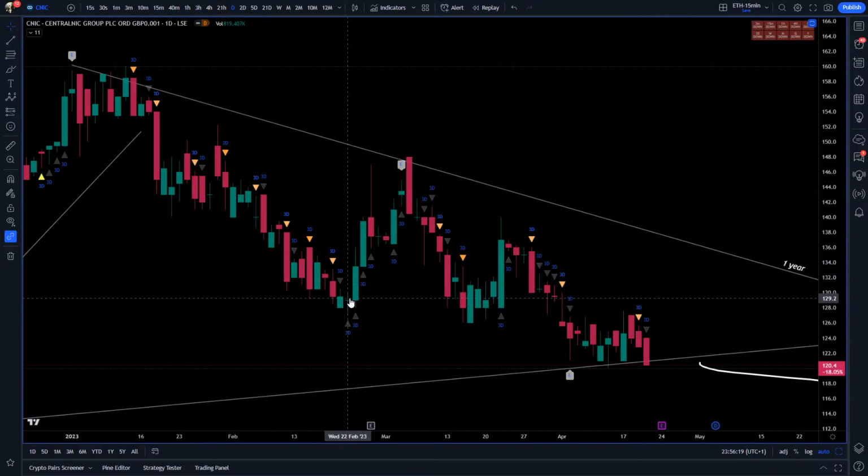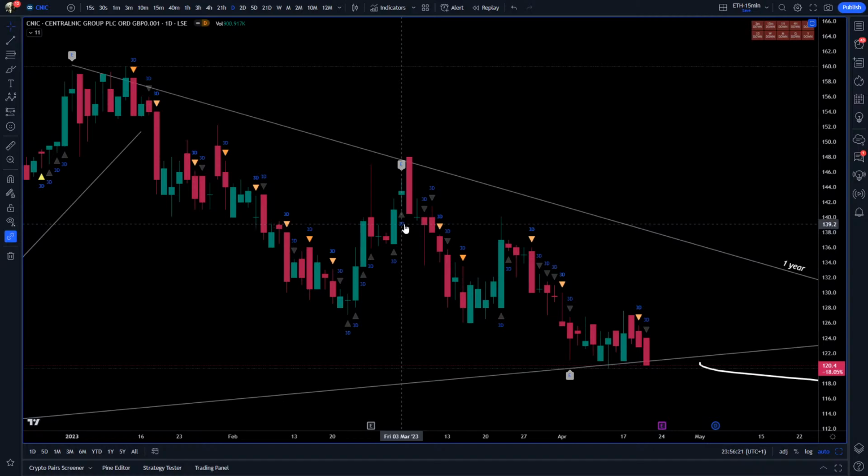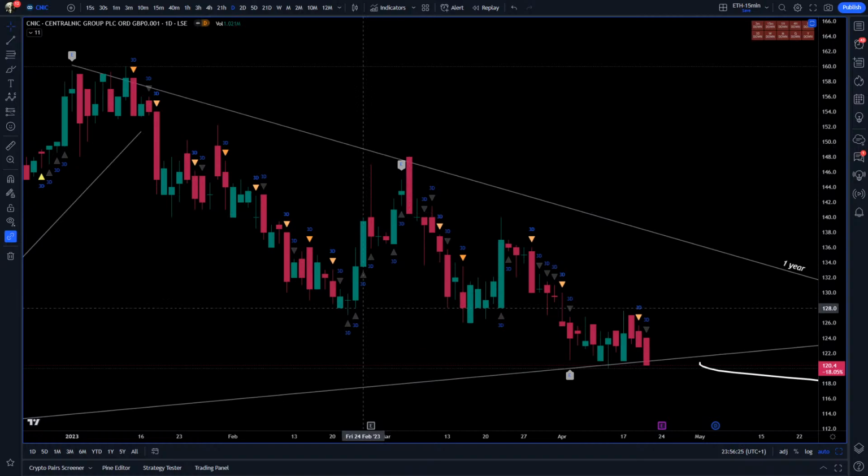And you don't want to enter long, because the overall market flow is still going down.